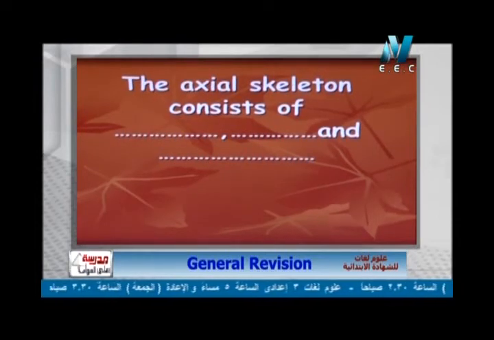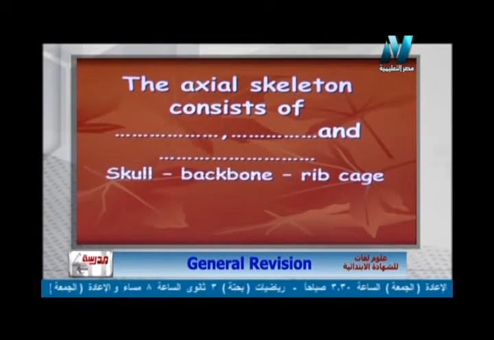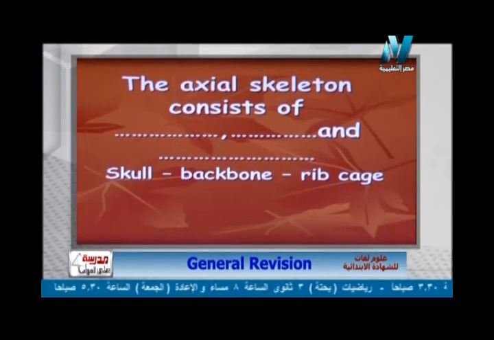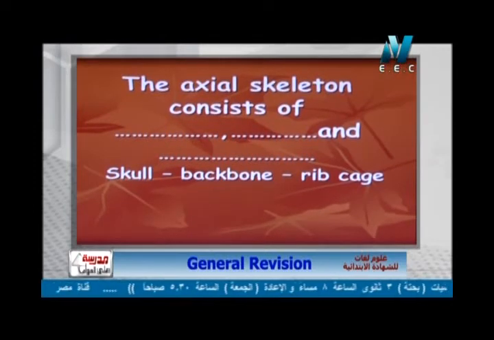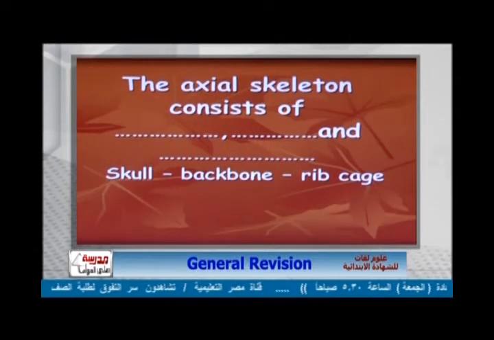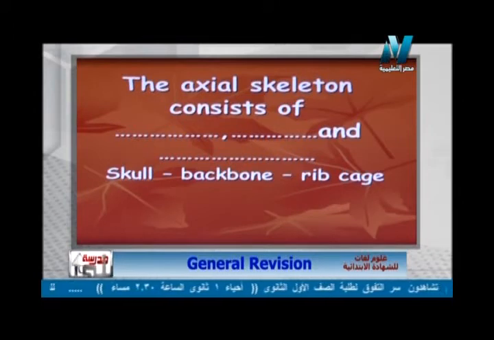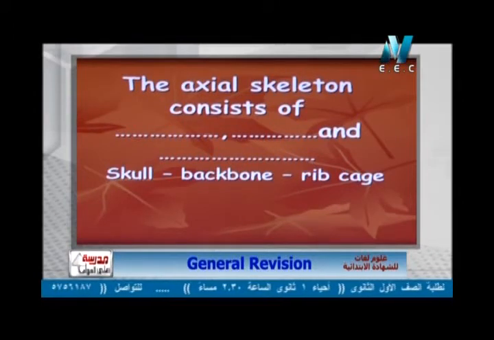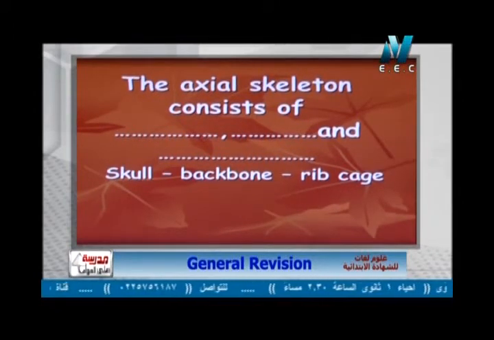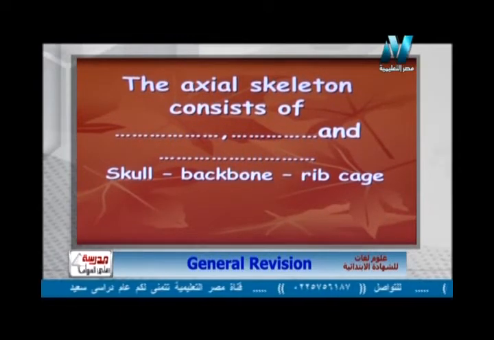The axial skeleton consists of what and what? Surely, as I said before, skull, backbone or vertebral column, same meaning, and at last the rib cage.